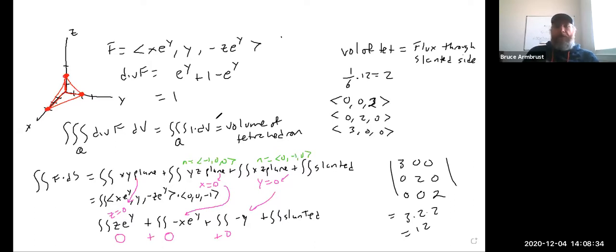But anyway, I would probably have just brute forced this one and done the surface integral, but it is kind of cool to see that you can actually answer this question without doing a single integral. But it's because it's a nice shape. And that nice shape gives us a nice little formula.